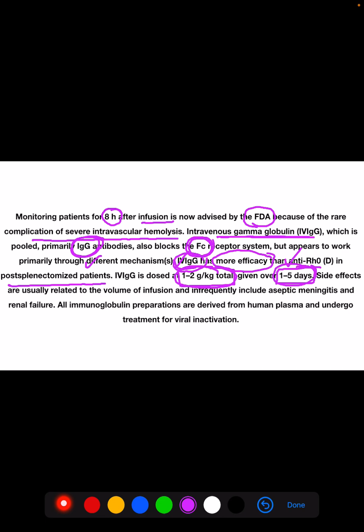So what are the side effects of this IV IgG, intravenous gamma globulin? The side effects are usually related to the volume of infusion and infrequently include aseptic meningitis and renal failure.